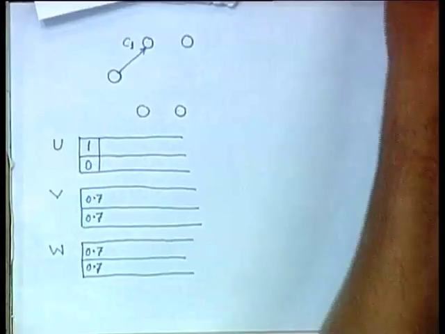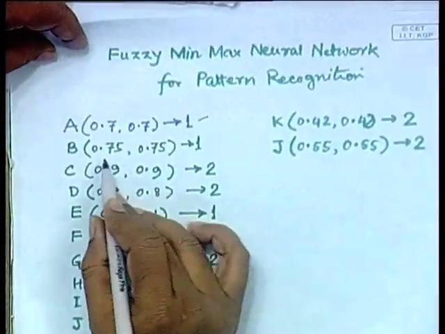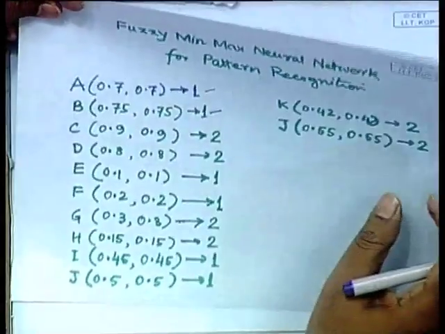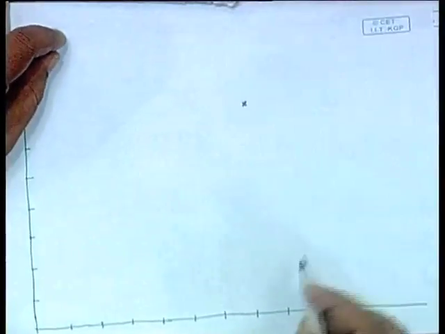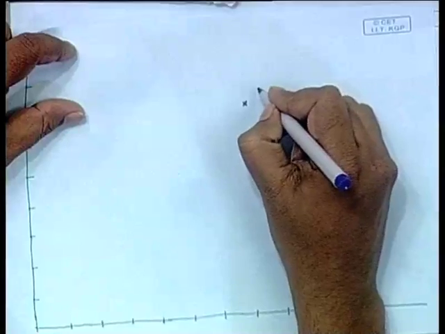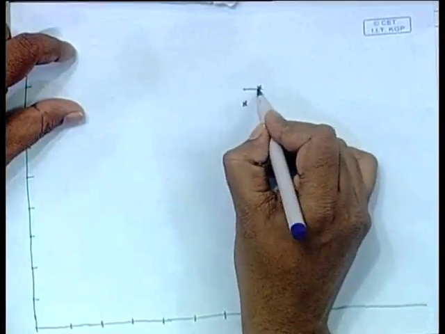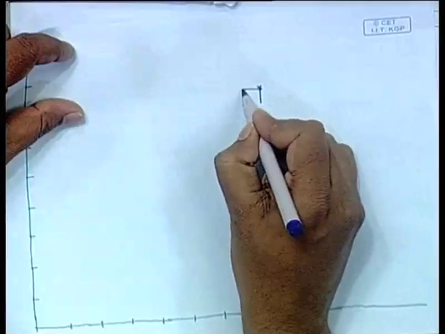Then we take the second point, 0.75, which also belongs to class 1. In this hyperbox configuration it comes over here, and I can expand the previous hyperbox to include this point, giving a hyperbox something like this.